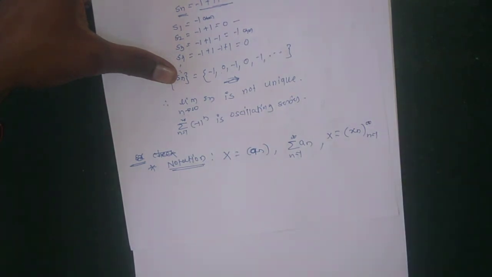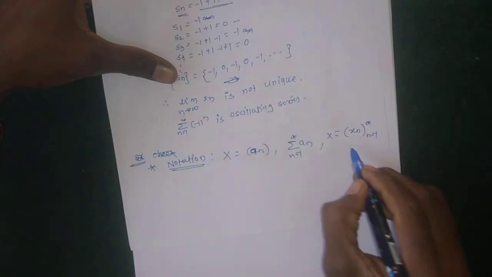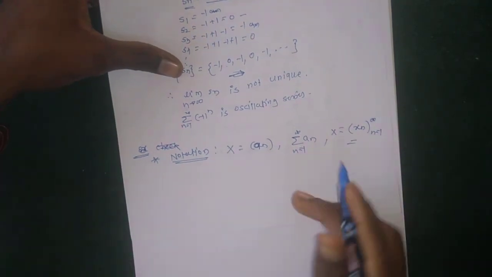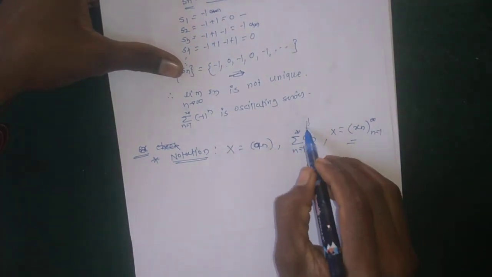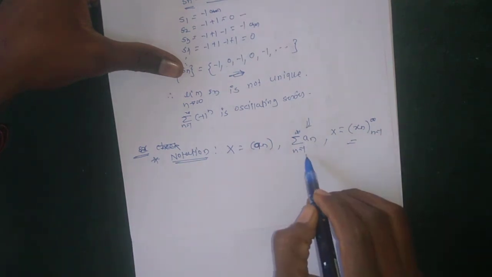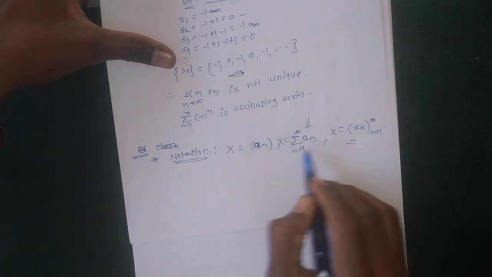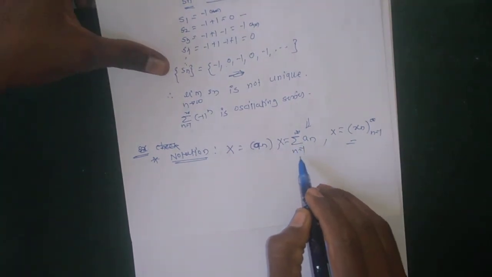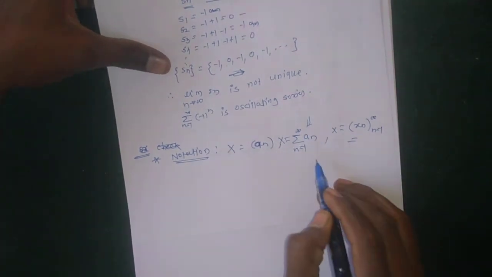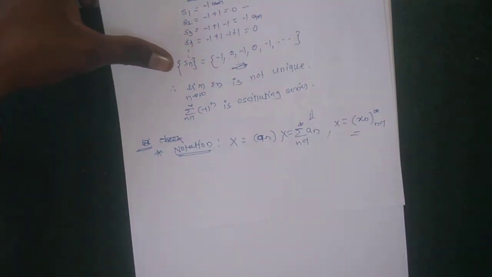In this way, these are notations for a given series. In this chapter I will use this notation. So here x is equal to the summation over n from 1 to infinity of an, that is, the series an.